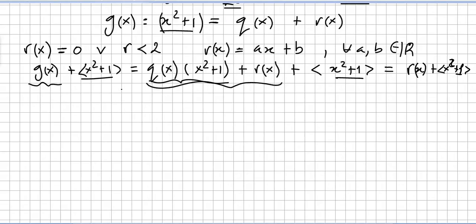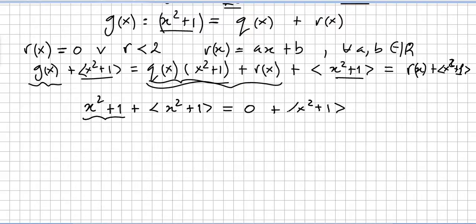For instance, x squared plus 1 plus the ideal will be absorbed, so it will be 0 plus the ideal. So one has to think of this like 0.